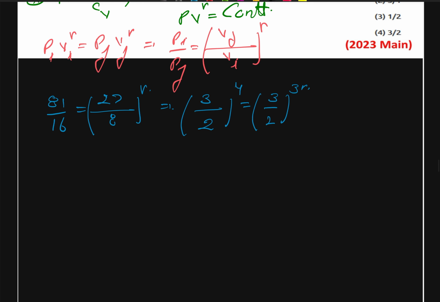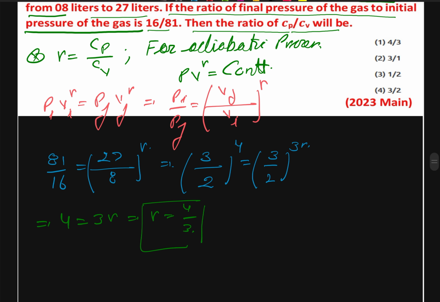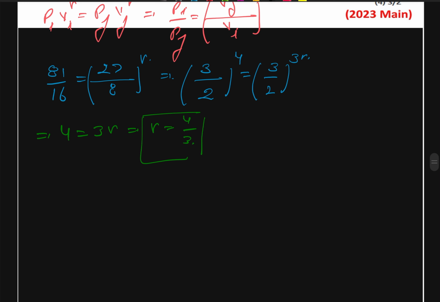As per the exponent law, we can say that 4 is equal to 3 times gamma, giving us gamma is equal to 4/3. So option number 1 is correct.